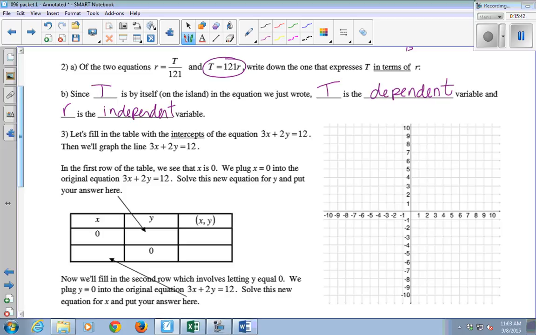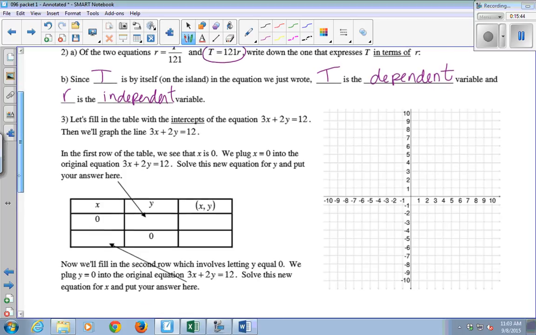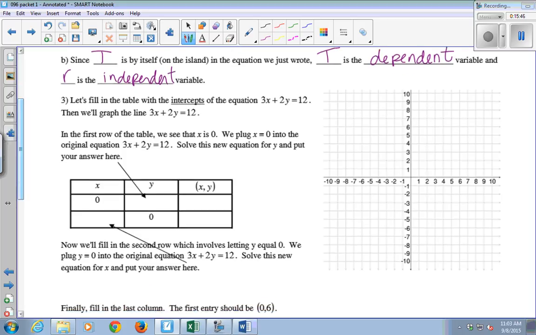So for me, the easiest points are if you make either x 0 or y 0. So in the first row of this table, we made x 0. In the equation 3x plus 2y equals 12, if you make that x a 0 and solve for y, what do you get? 6. So we put a 6 there.